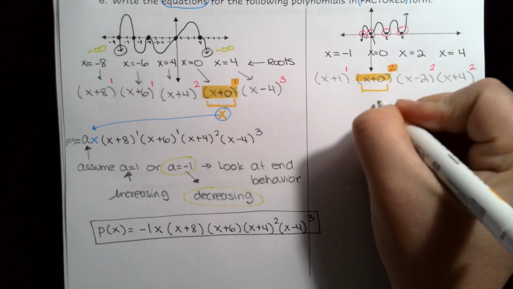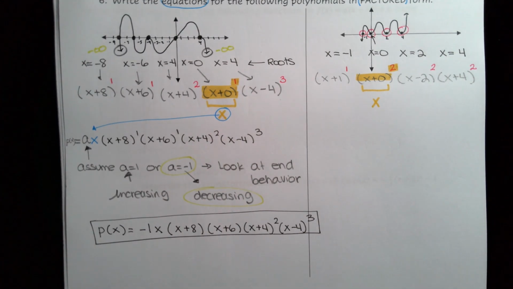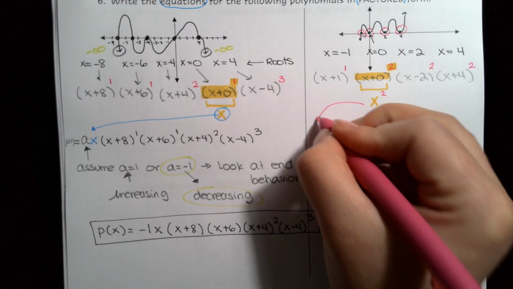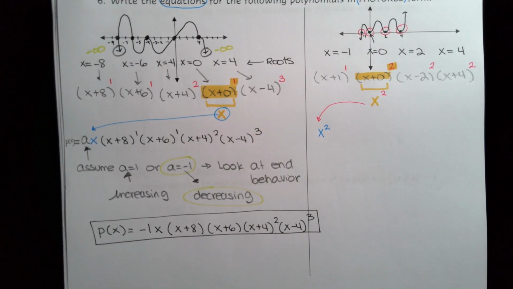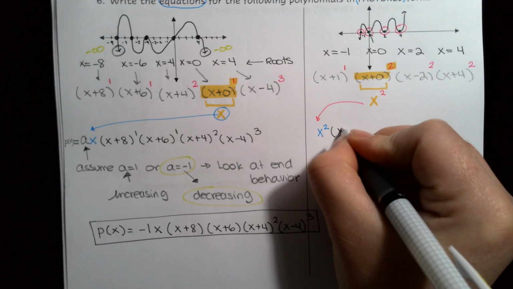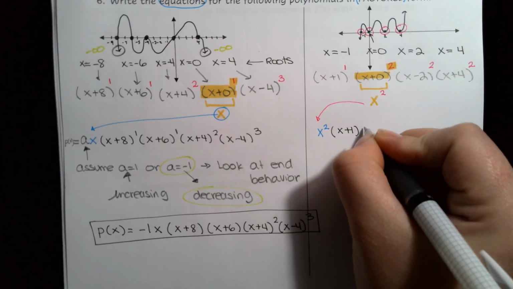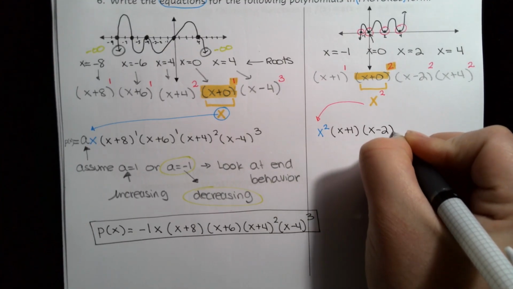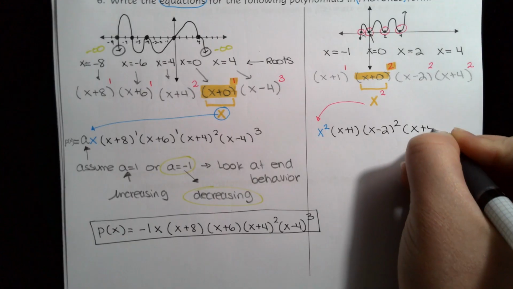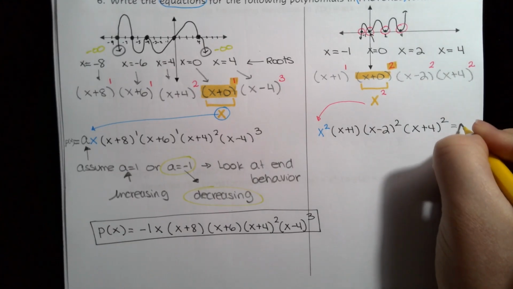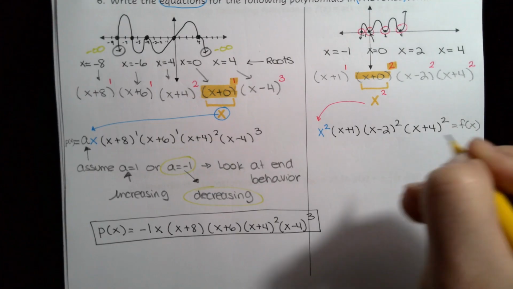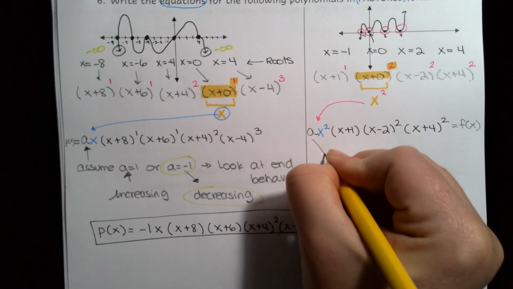So my factor is just x, but my behavior is still even. So we're going to bring that out and write it as x squared. And then after that, we still have our factors of x plus 1, x minus 2 squared, and x plus 4 squared. We do want to set this equal to f of x, and we still need to determine our a value.